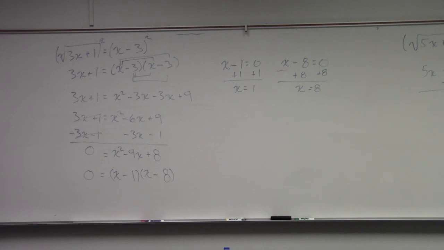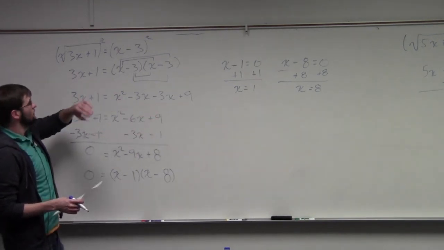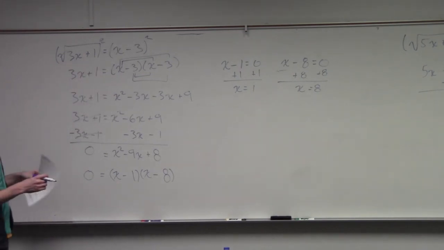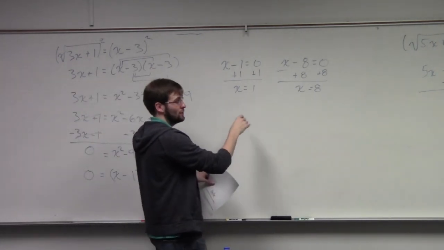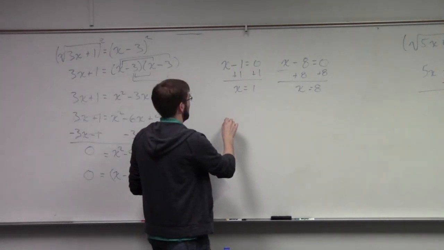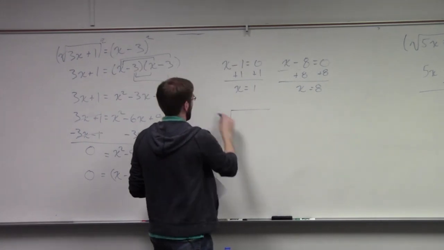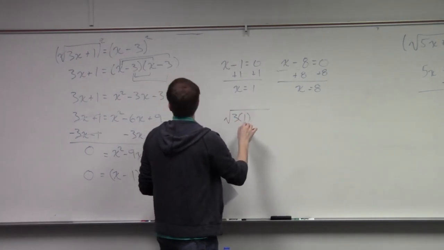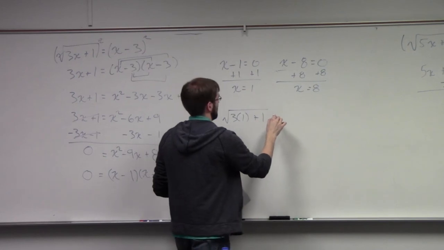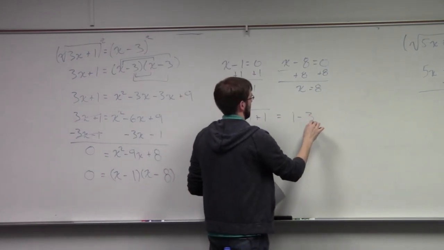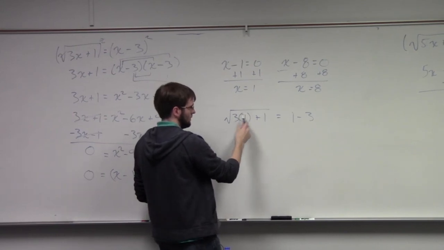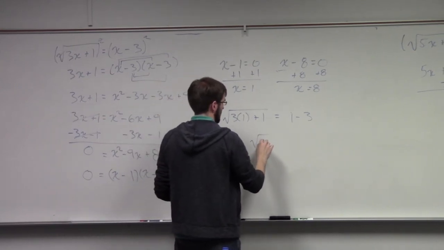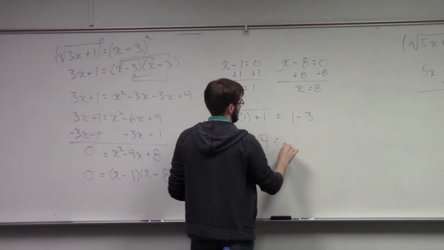All right, so now I have this. Just like the other problems, we want to check our solutions. So let's go ahead and check 1. These ones are a little bit work intensive. So I go back to my problem, I plug in 1 for all the x's, and we just start simplifying. 3 times 1 is 3. 3 plus 1 is 4. 1 minus 3 is negative 2.